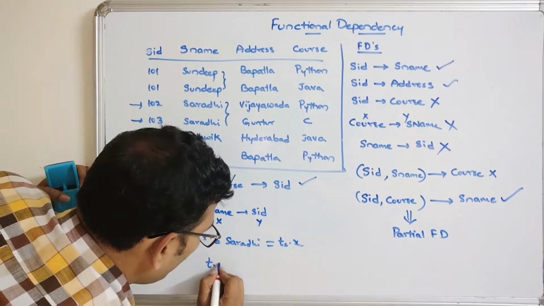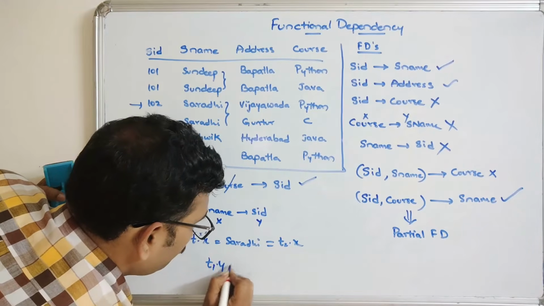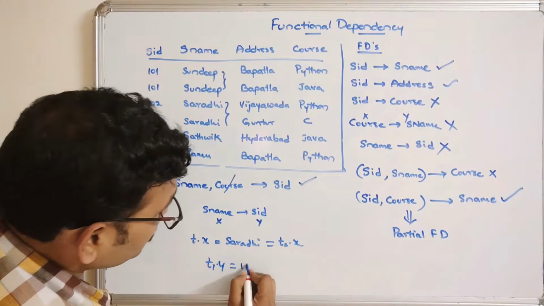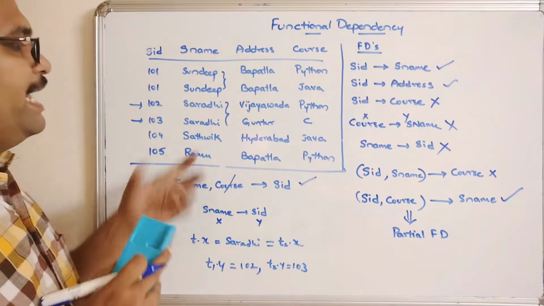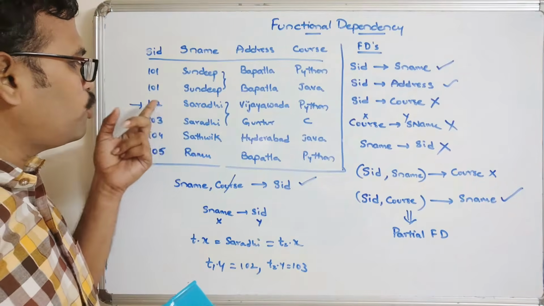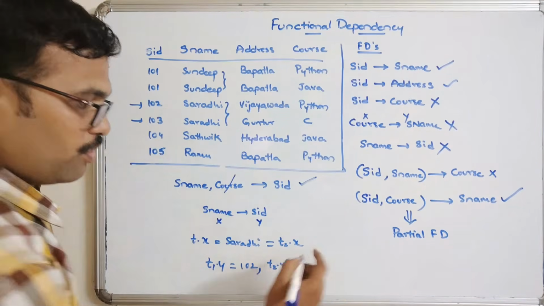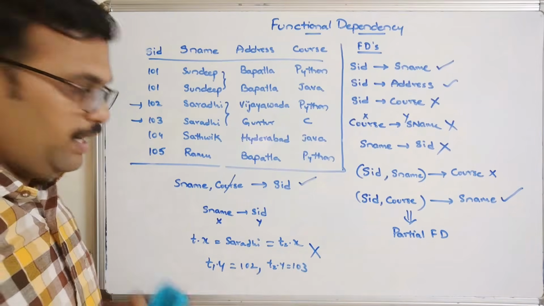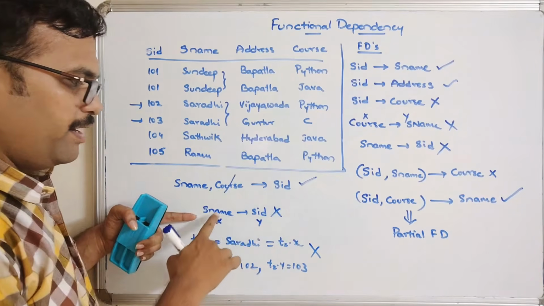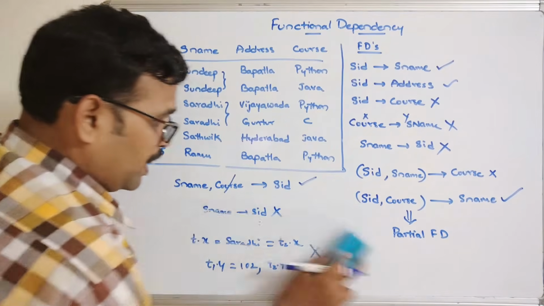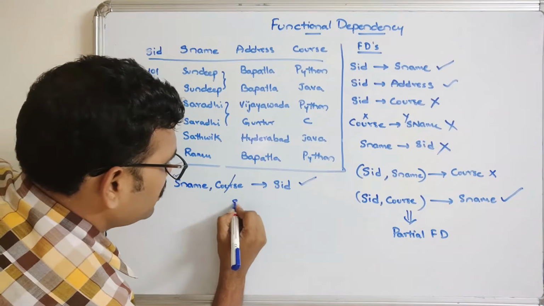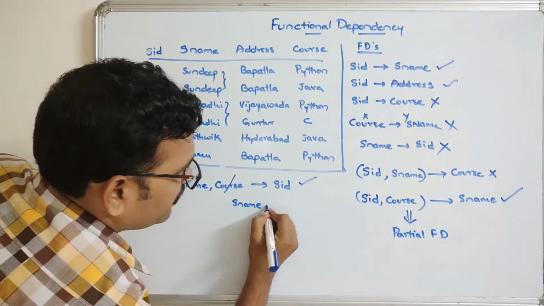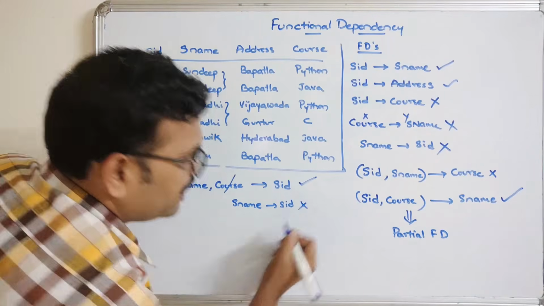But T1.y is equal to 102, T2.y is equal to 103. So the name Saradhi can get two different SIDs. So this is not functionally dependent. After removing this course, S name tends to SID is not functionally dependent.